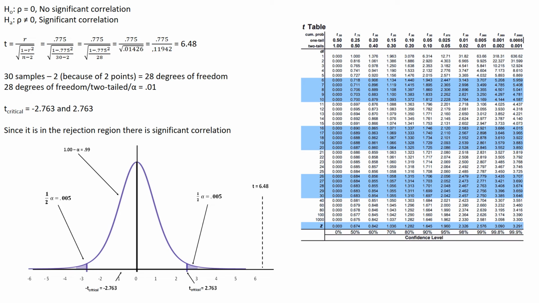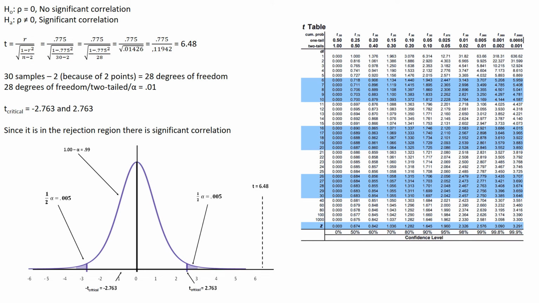Now we want to determine, do we reject or fail to reject whether there's a significant correlation here? And all I'm going to do, as before, to find my t, is take 0.775, which is the r I found, divided by the square root of 1 minus 0.775 squared over 30 minus 2.